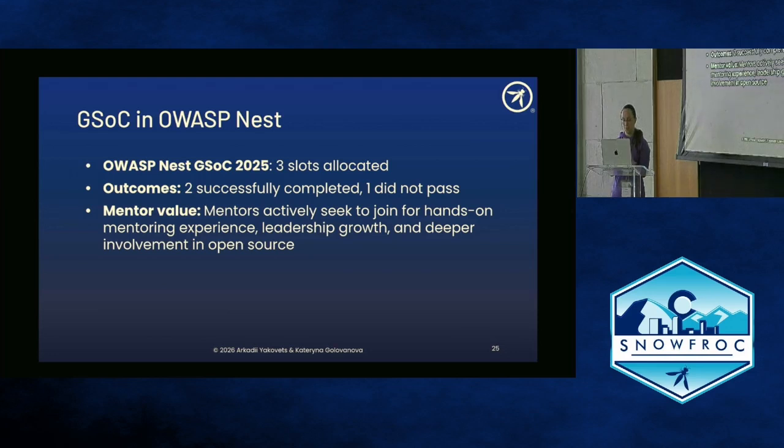This is just how it was with that particular student. And what's interesting, this program is interesting not just for contributors like students, but mentors are also actively seeking out these projects that participate in GSOC, because they can get hands-on experience with mentoring, leadership growth, and deeper involvement in open source. So it's win-win for both sides.